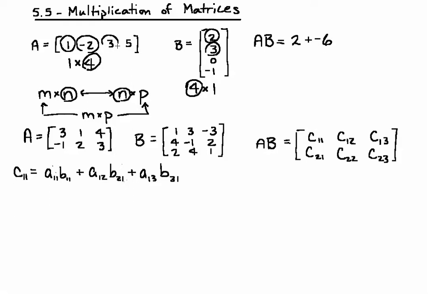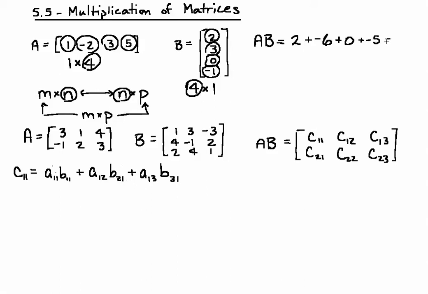And then third entry of the first row times third entry of the first column. 3 times 0 is 0. And then the last entry of the first row times the last entry of the first column. 5 times negative 1 is negative 5.